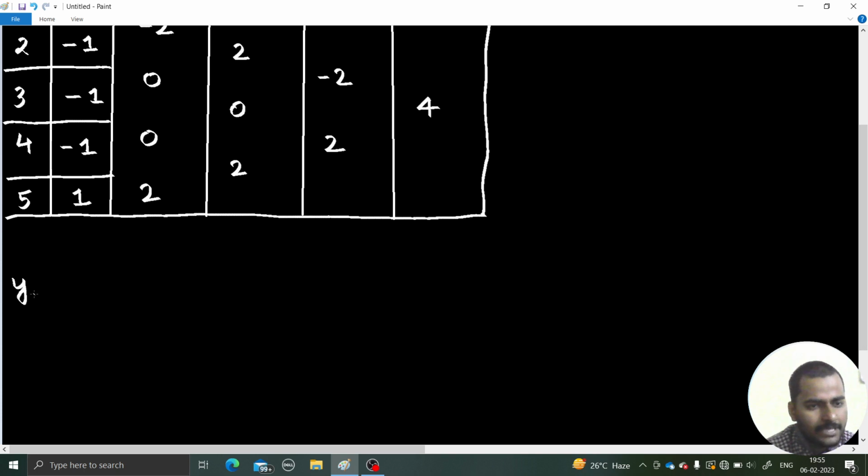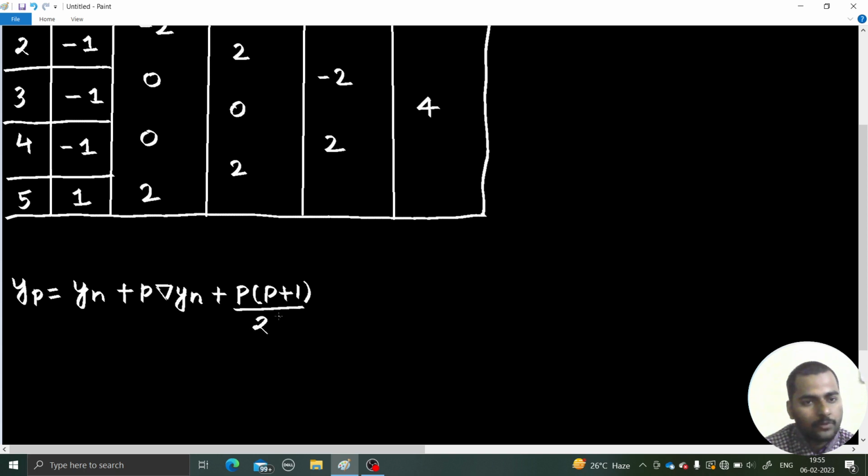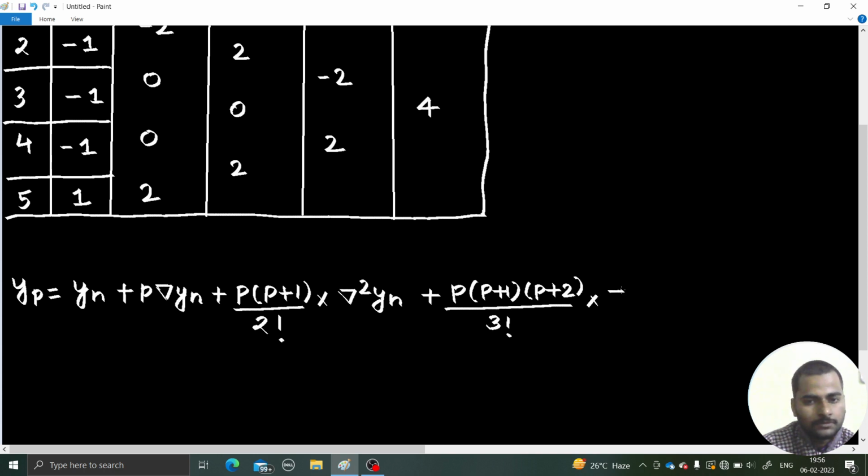Formula is yp is yn, in case of backward difference formula, yn plus p times backward difference yn, plus p into p plus 1 divided by 2 factorial into second backward difference, plus p into p plus 1 into p plus 2 divided by 3 factorial into third difference.